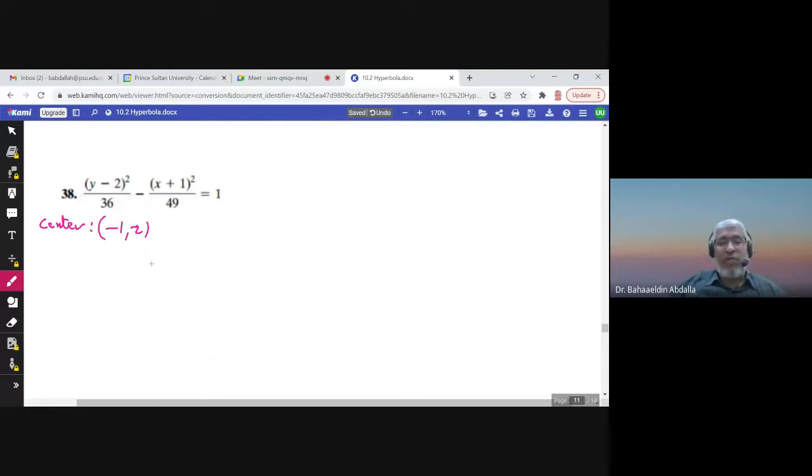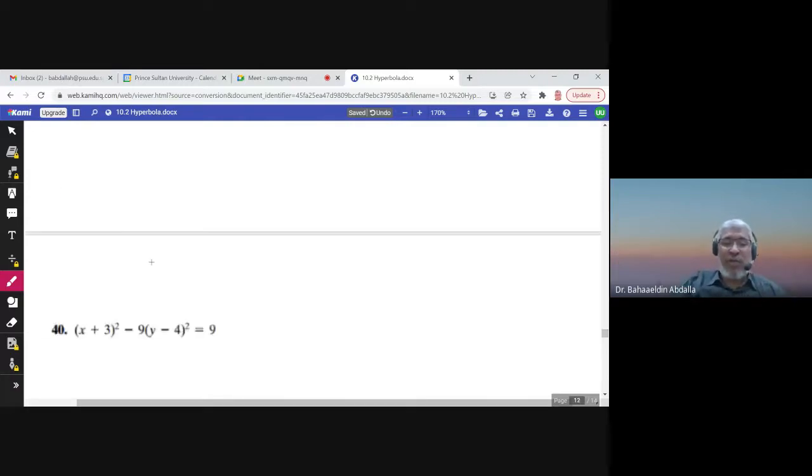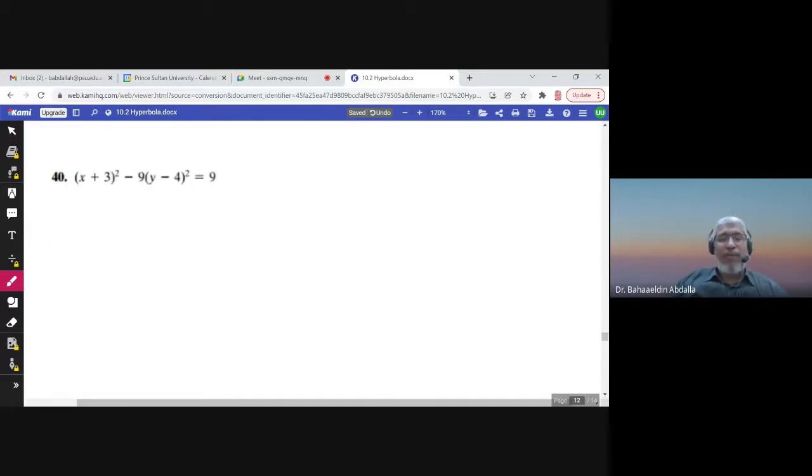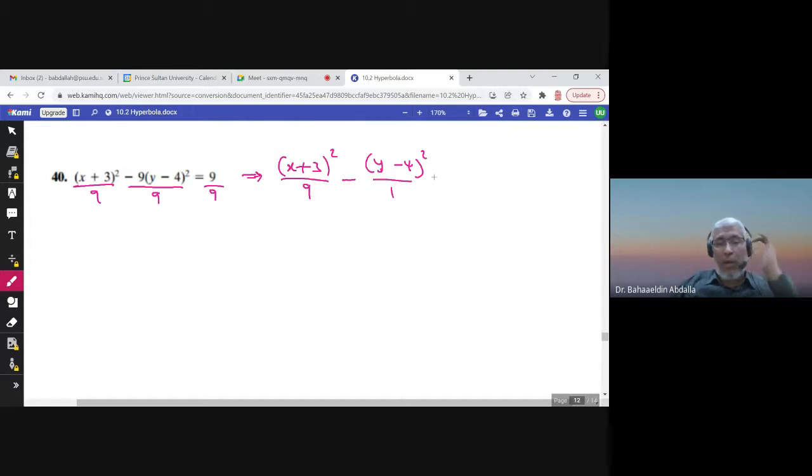Also do the same and sketch the graph of this hyperbola. Let me do this one. I need to divide by 9 all of them, all the terms, to write it in the standard form. 9 over 9 is 1. So I'll have 1 here, and this is 1 also.